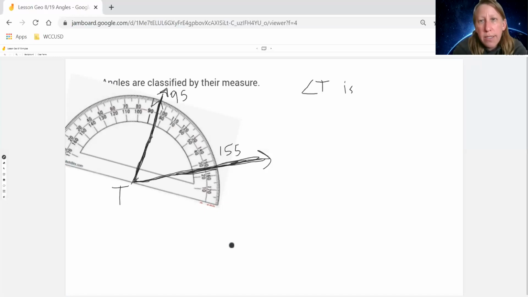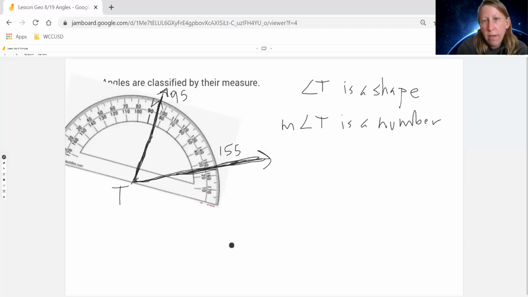Angle T is a shape. Happens to be an angle. The measure of angle T is a number. And I want to know what the measure of angle T is. What number goes with this shape that has a vertex here?